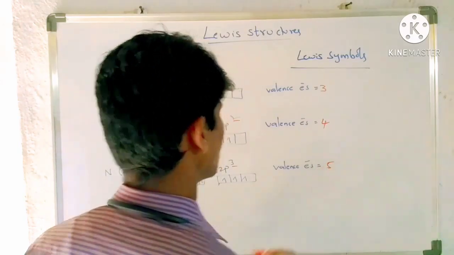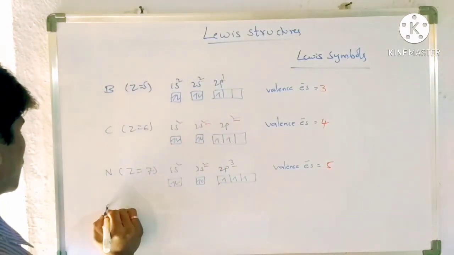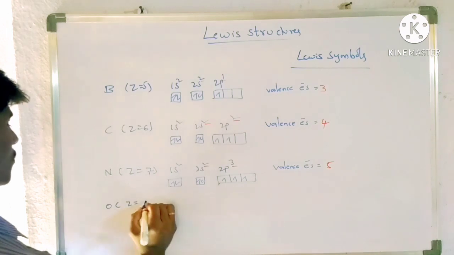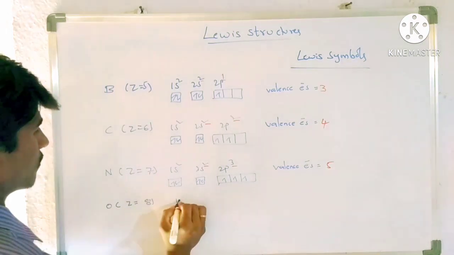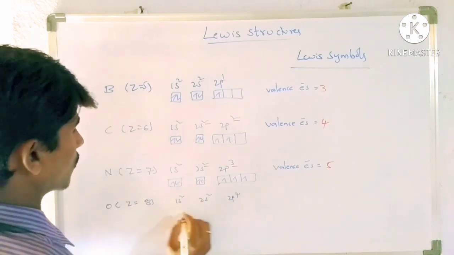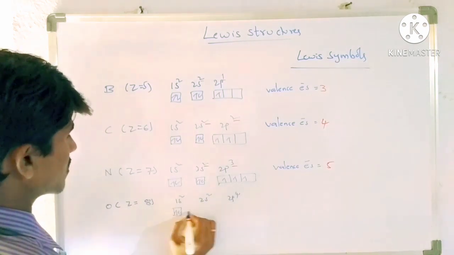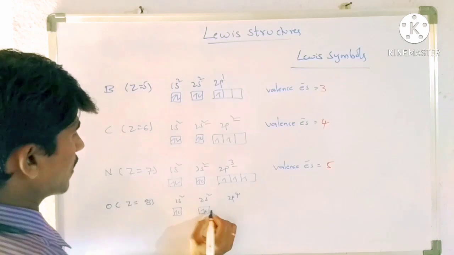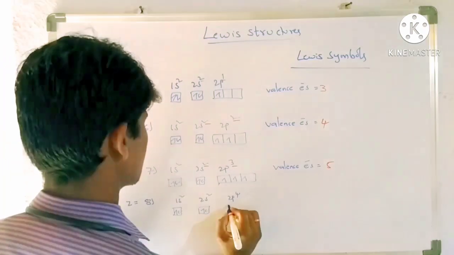Valence electrons here are 5. Next, coming to oxygen, Z is equal to 8, 1s2, 2s2, 2p4. Now how many valence electrons are there? Valence electrons are 6.